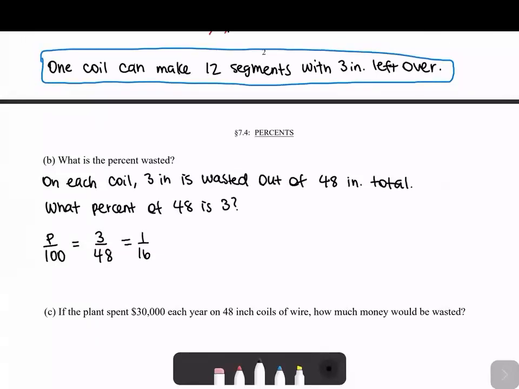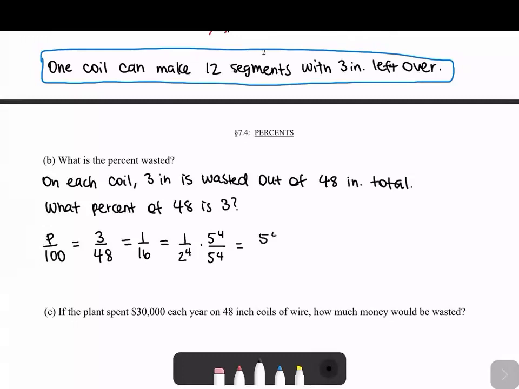We can do this in a lot of different ways. We can just divide 3 by 48, or convert this into a fraction over 100 or a decimal in a lot of different ways. So 3 over 48 is 1 over 16. And because we know that 16 is 2 to the 4th, we can convert this easily into a decimal by multiplying top and bottom by 5 to the 4th.